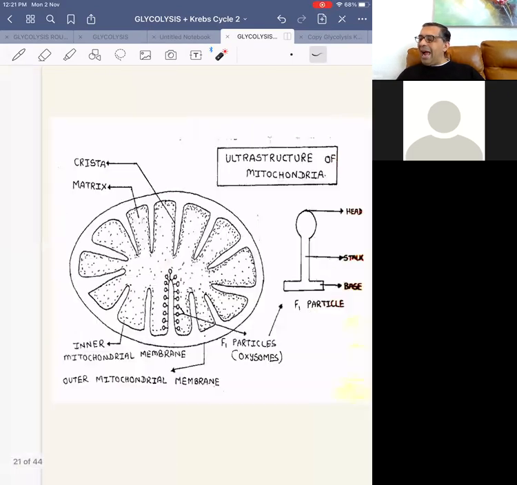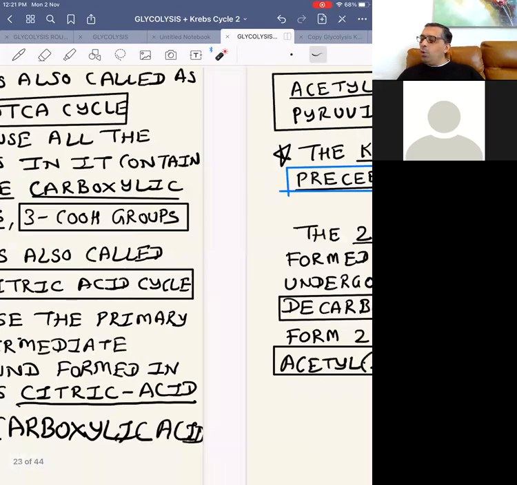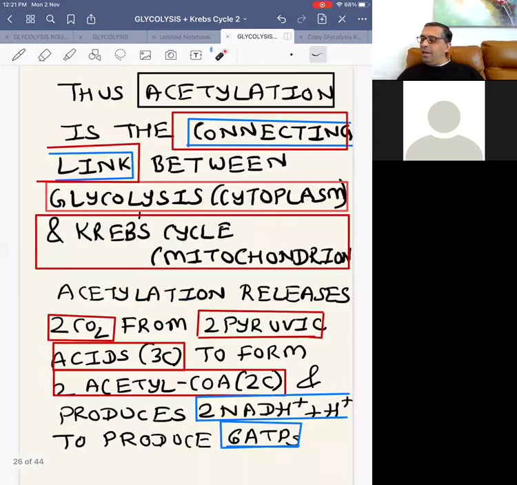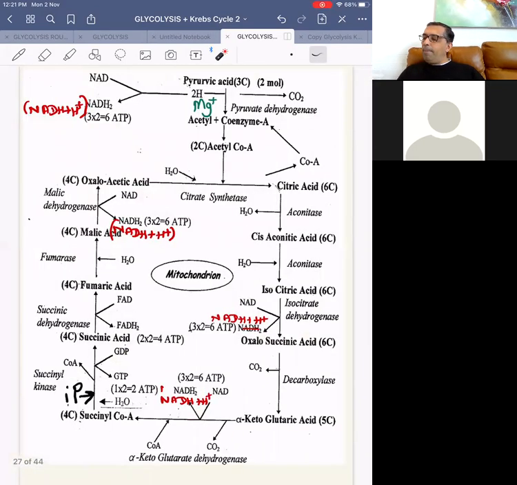Then during acetylation, we have pyruvic acid forming acetyl coenzyme A. So two more NAD form two more NADH plus H plus.